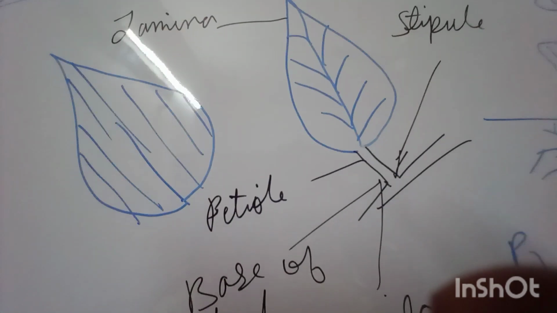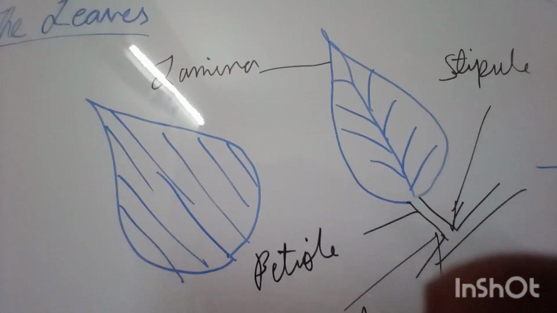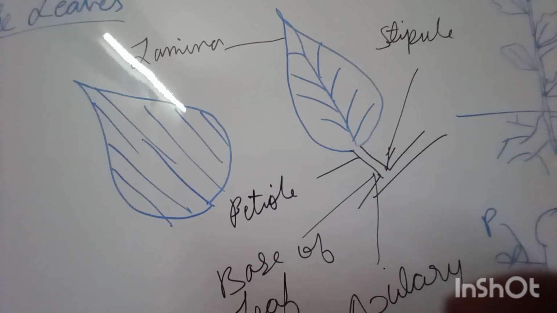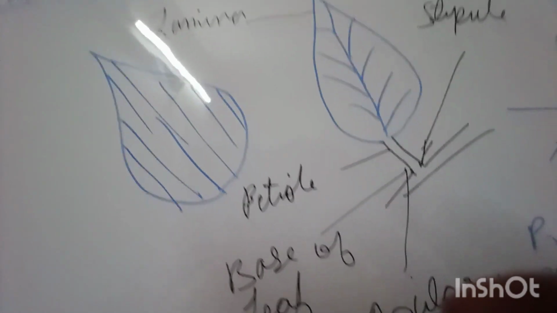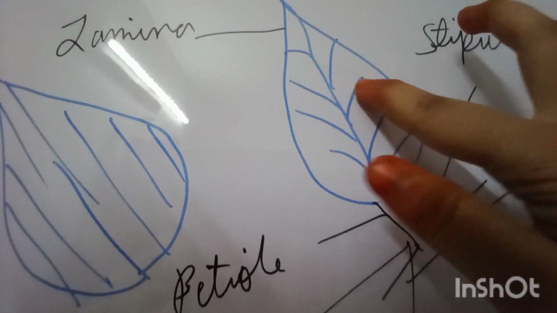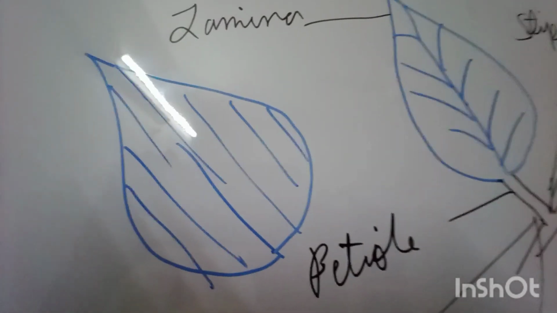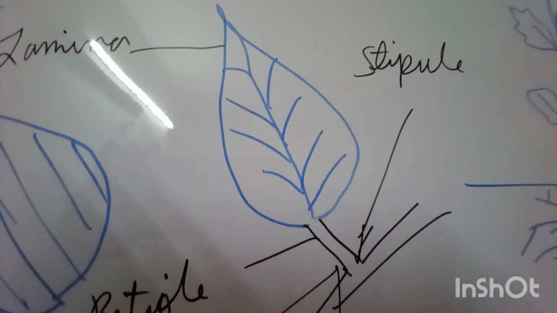Now, can you see certain lines on the leaf? These lines are called venations. Basically we call these the veins of the leaf. The leaf contains two types of venations. One is parallel venation, can you see here? And another is reticulate venation.